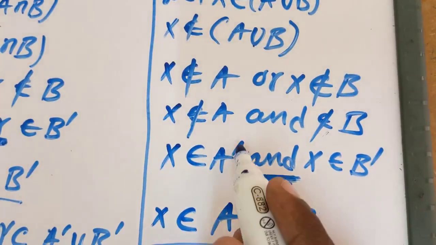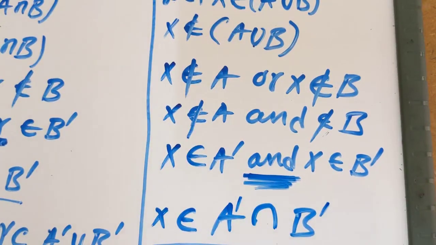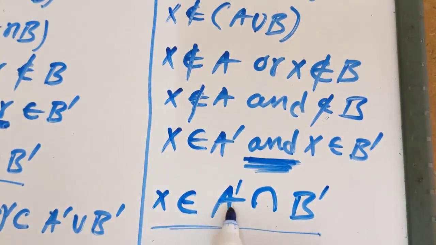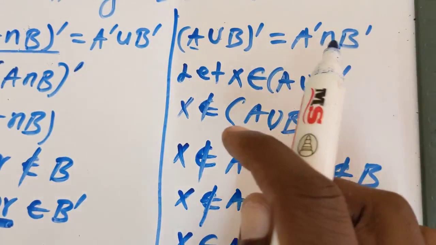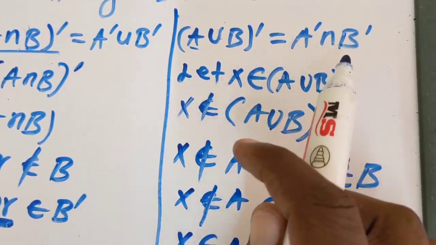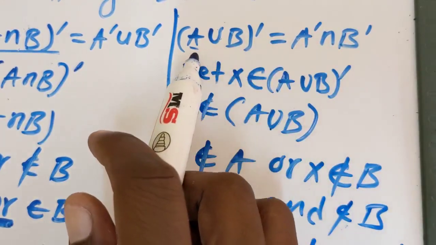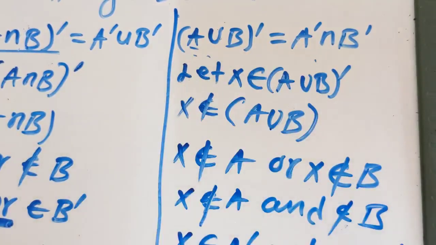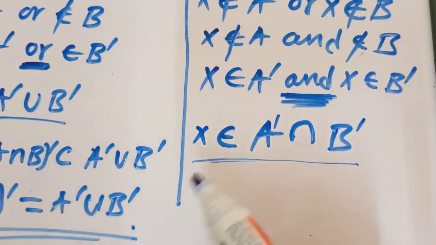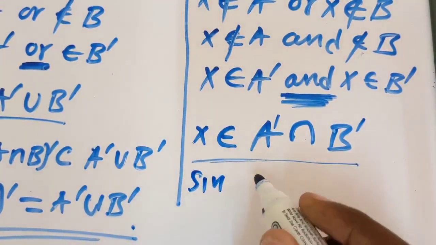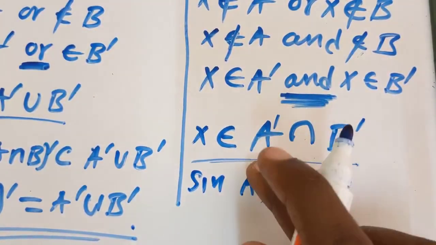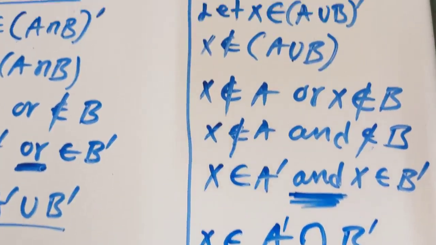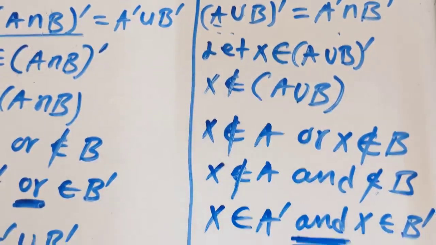Here we are supposed to put complement, like that. So this is A complement intersection B complement, and you will be able to see it there. So this part is equal to that part. Since A complement, you get the first part, this part here.